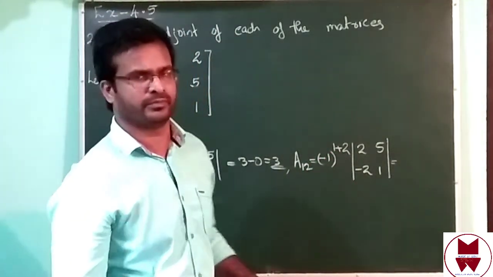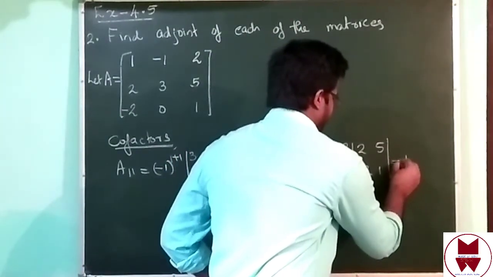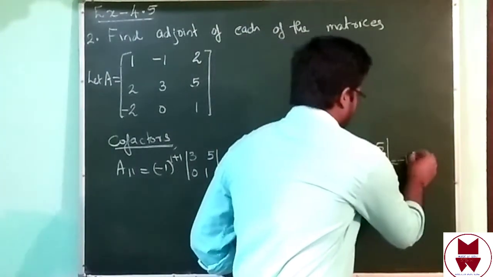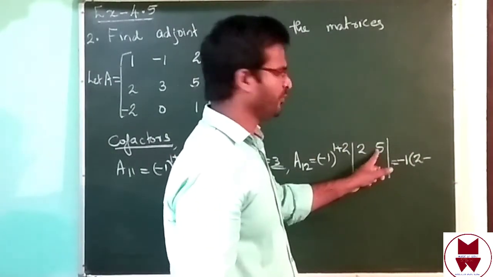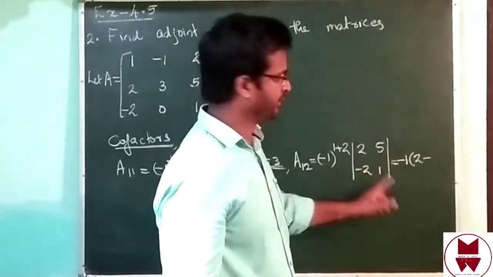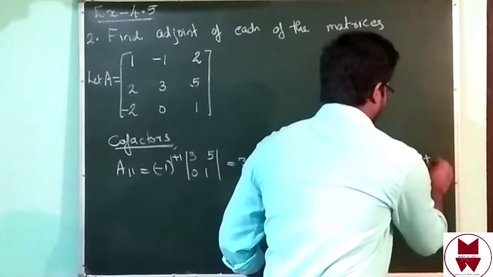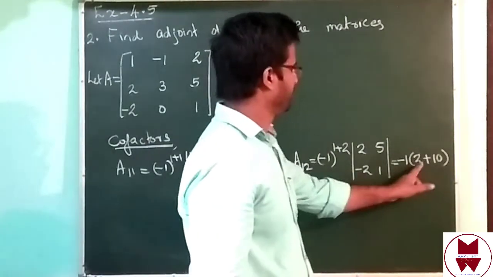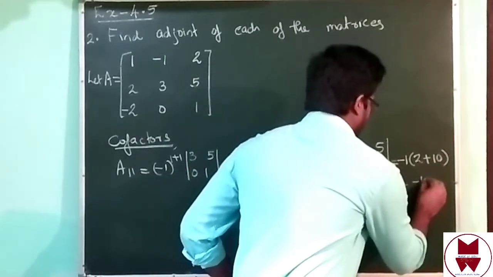Minus 1 into minus 1 into minus 1, you will get minus 1. Then 2 into 1, 2, minus 2 into 5, minus 10. Again one more minus is there, common minus, isn't it? Minus into minus we can write directly plus 10 equals, what is the answer? 2 plus 10, 12. 12 into minus 1, minus 12.